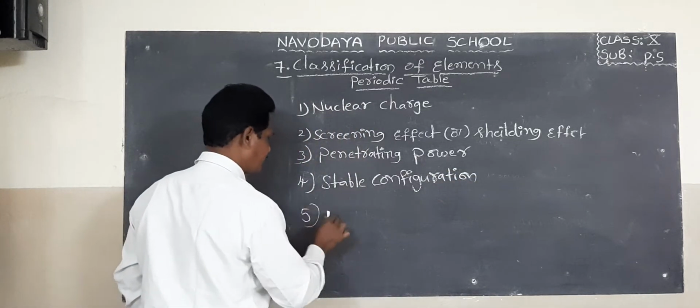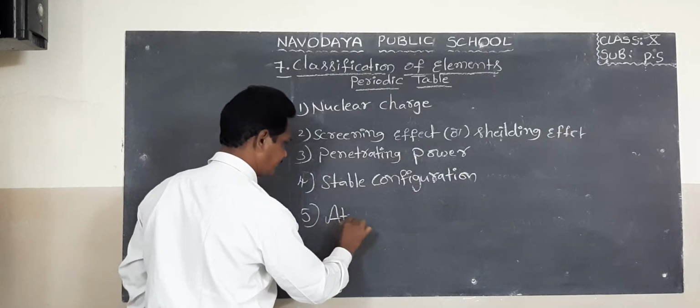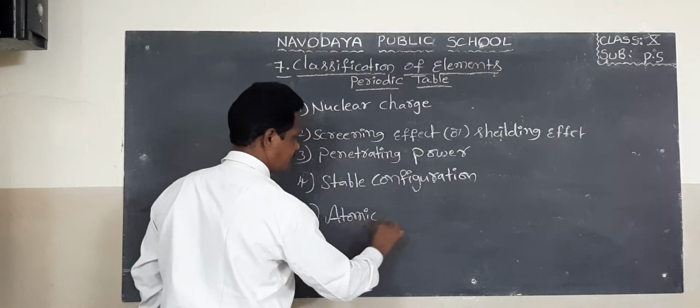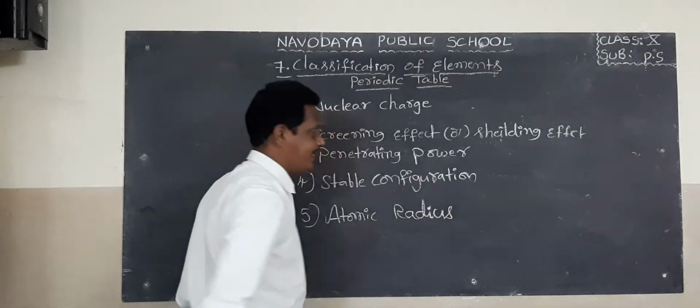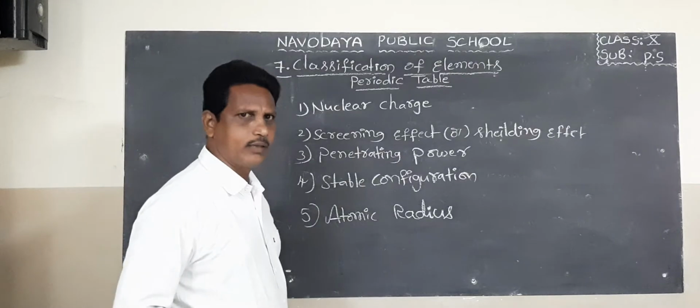Fifth one is atomic radius. Now look at the board, students.